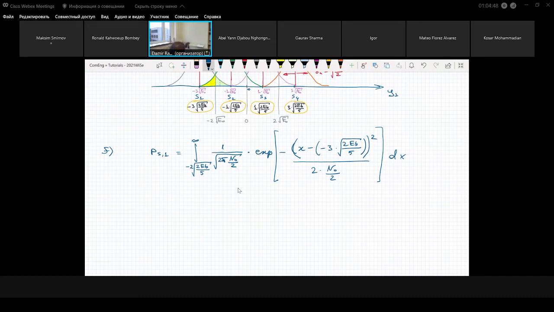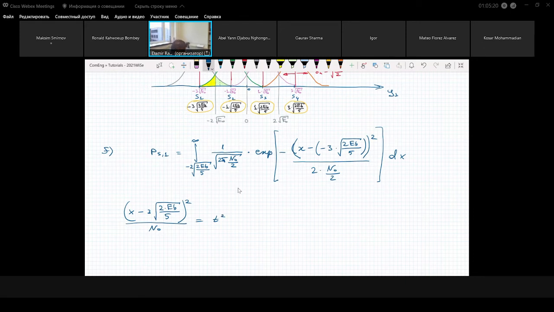We do the following: we take the whole argument of the exponential function and call it t squared. So we have x minus 3 times the square root of 2 EB divided by 5, squared, divided by N0, and we denote the whole expression as t squared.